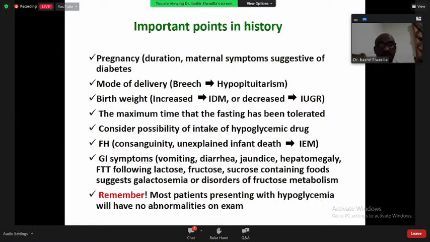If you find that, you have to suggest galactosemia and fructose intolerance in the differential. But remember, most patients with hypoglycemia usually do not present with overt symptoms of hypoglycemia, and sometimes will not have apparent abnormalities in the history.